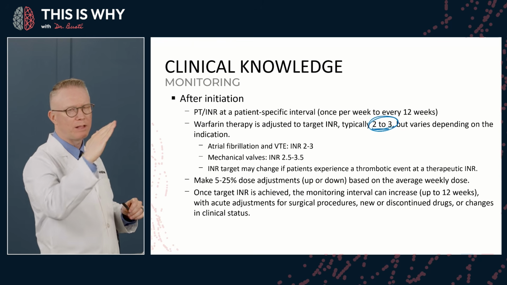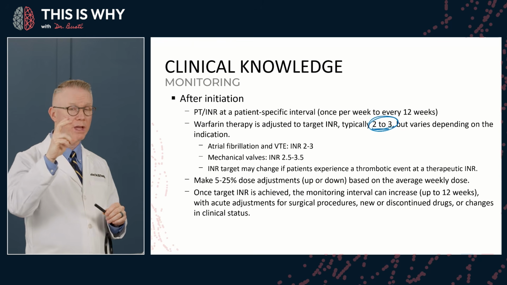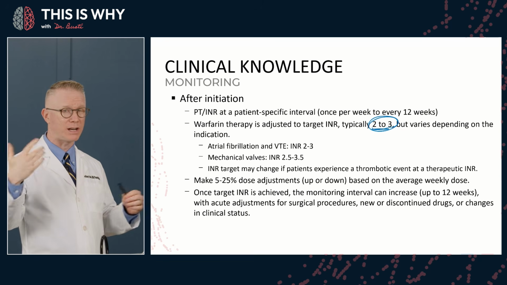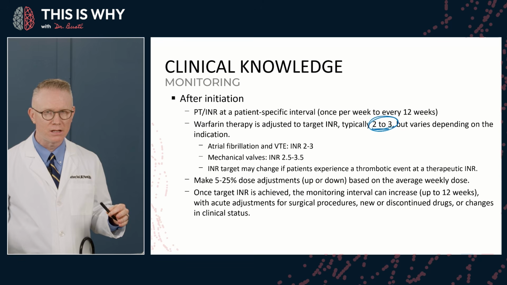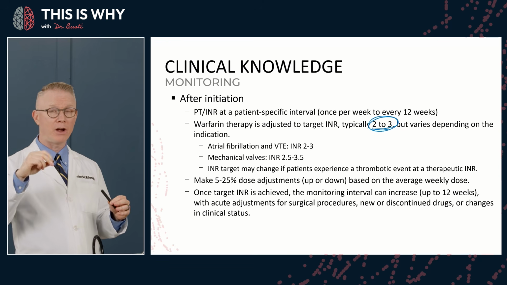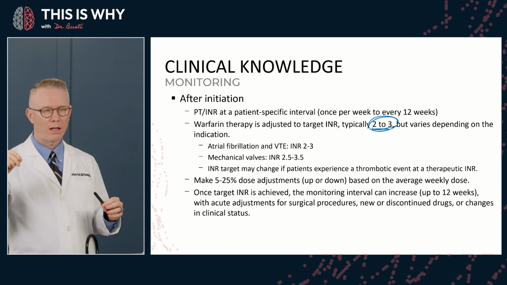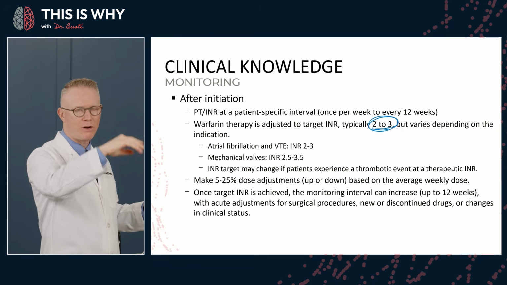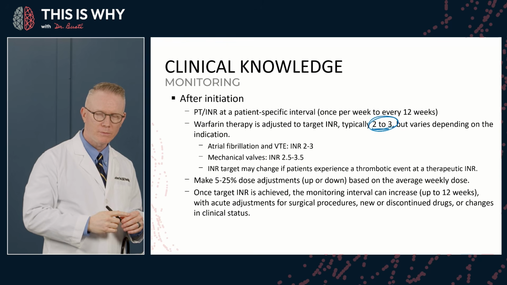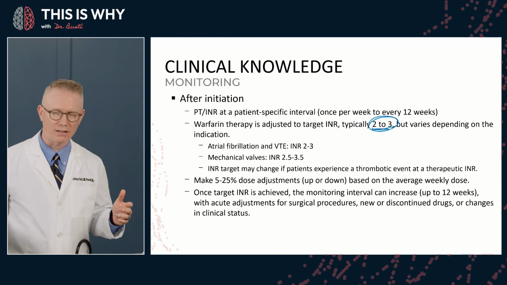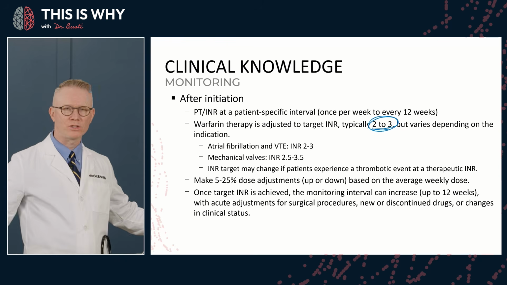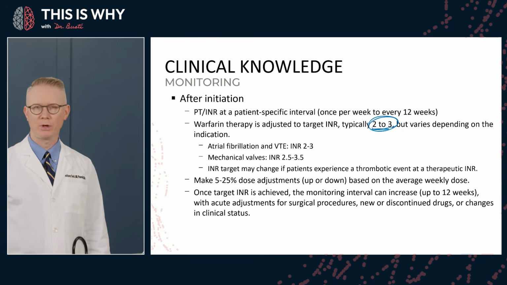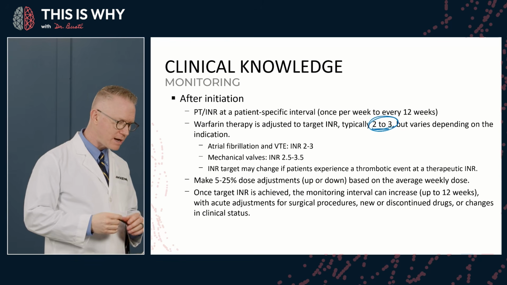If they're rapidly rising, and we know that the half-life of these clotting factors floating around the body is going to take about a week to stabilize, and they get to the therapeutic INR by day 2 or 3, well, I already know they're going to go past the goal INR of 2 to 3. Because when they reach steady state and those clotting factors balance out, the patient's going to have a supratherapeutic effect, okay?